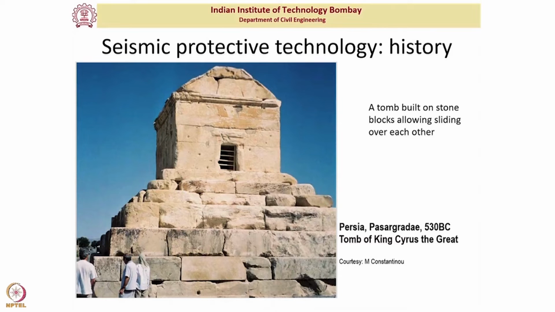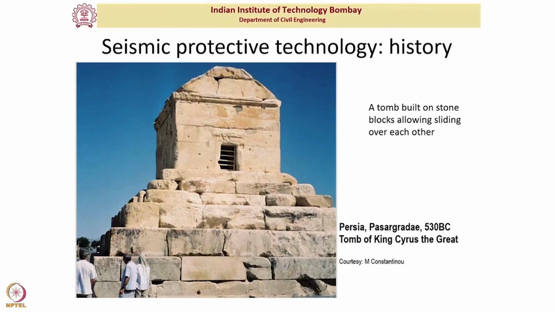Now, these are very big stones kept over each other, and the tomb is kept on top of the structure. This has survived, and it is there even right now. So you can imagine, 2000 to 2500 years this structure has survived. And how? The idea remains simple. During an earthquake, these stones are not filled with mortar, and they can slide over each other.